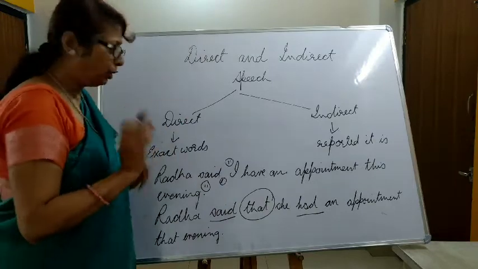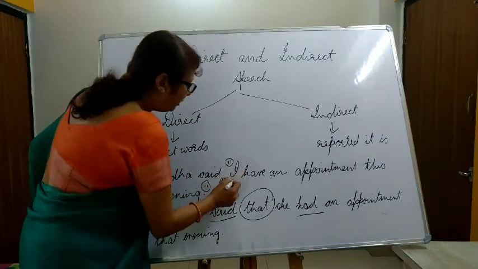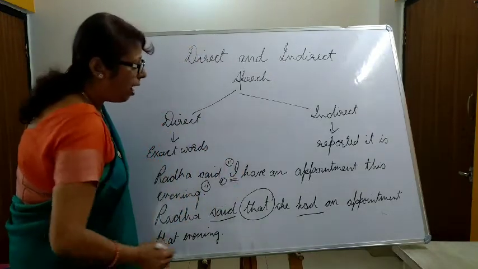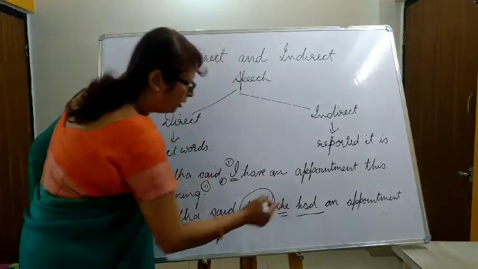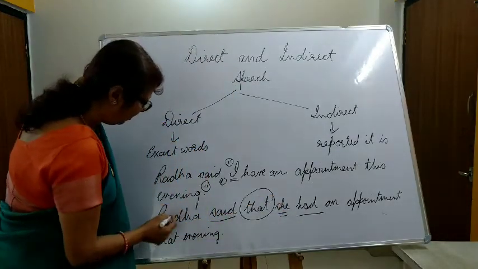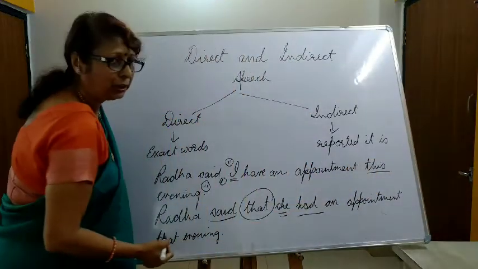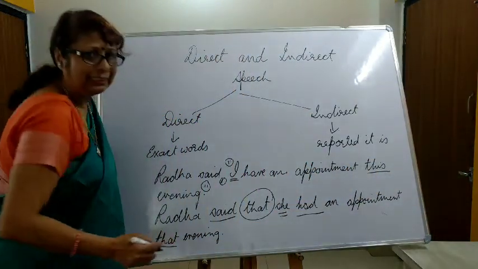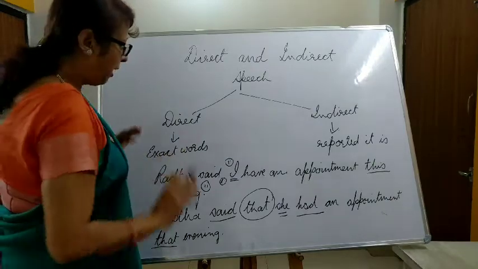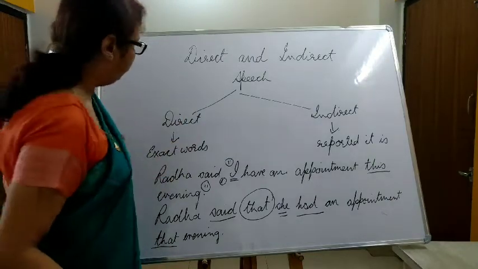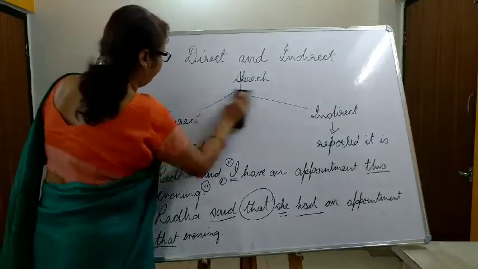Now what are the other changes? You can see the pronoun over here. The pronoun I has become she over here, and you can see this evening, the time expression, has changed to that evening. So let me come to the changes now. I'll just rub the board.